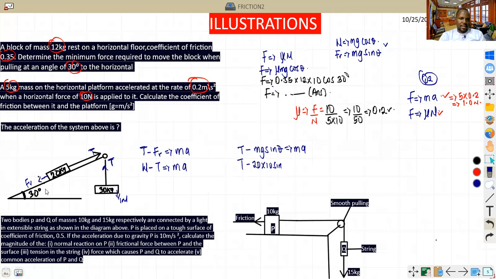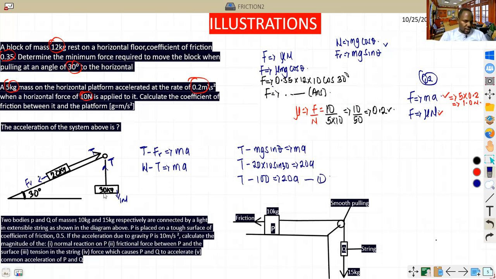What's the angle? Sine 30. So doing this, you have T, this is 200, that's 100, minus 100 is equal to 20a. That's my first equation.